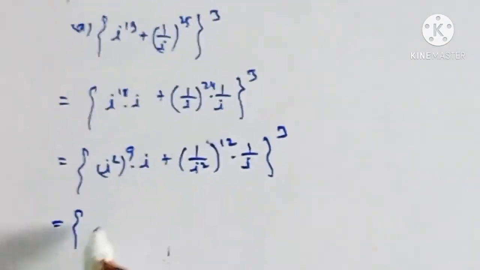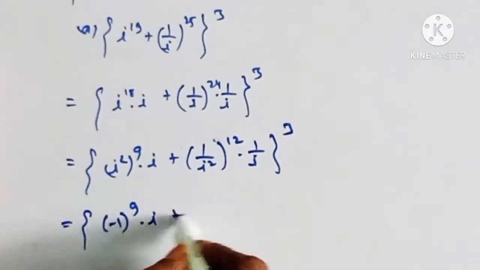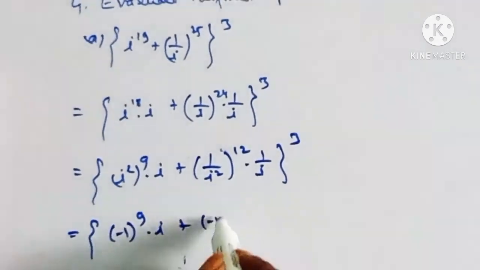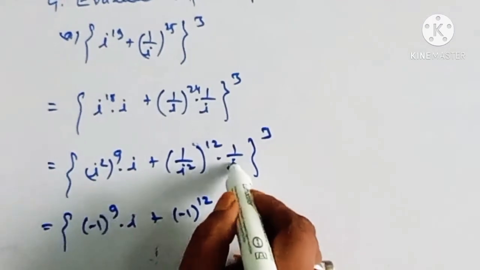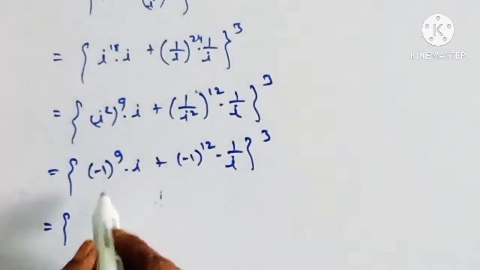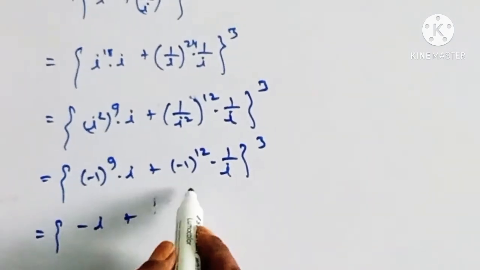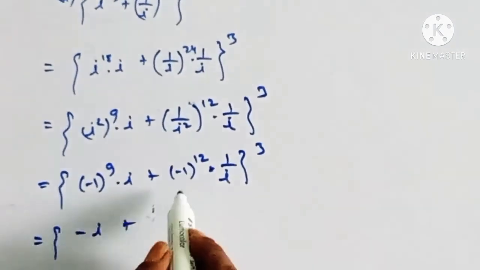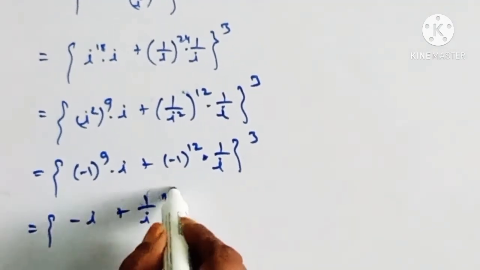So this will be minus 1 to the power of 9 into i plus minus 1 power 12 into 1 by i, this is i. So whole cube. Again this is minus, so minus i. Again this is plus 1, so 1 by i the whole cube.